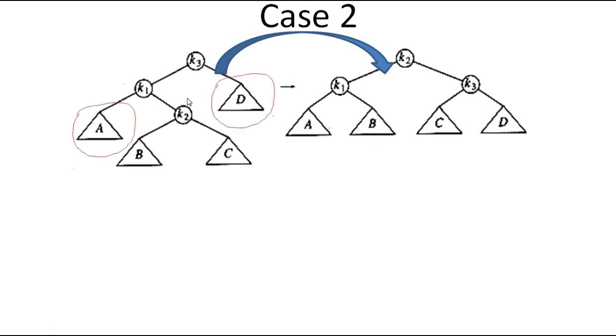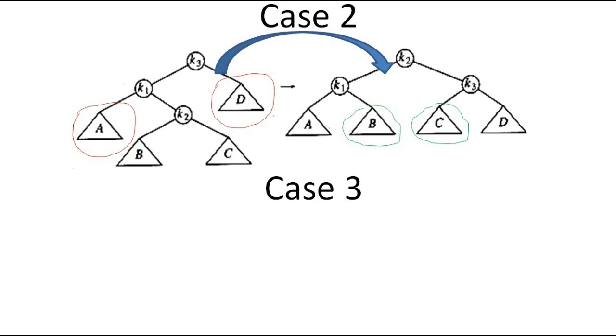Then you have to check what changes were present in the root node K3 and the left subtree K1. The A and D value is changed. Just we will check what A and D value is present in the left side of the K1 and present in the right side of the K3.